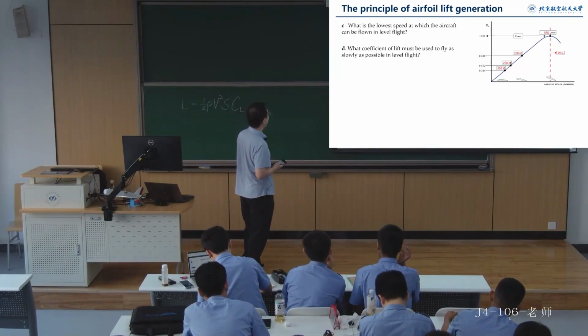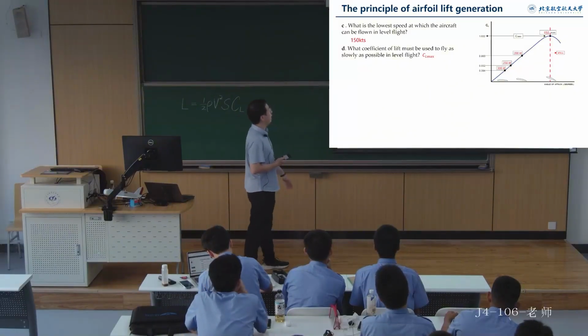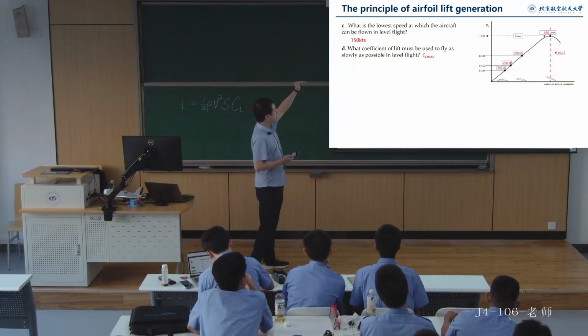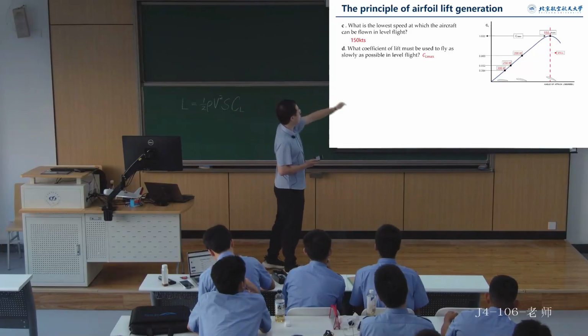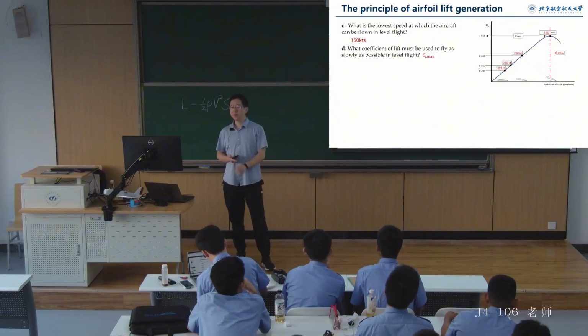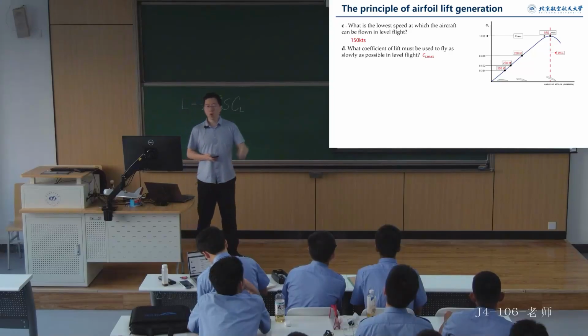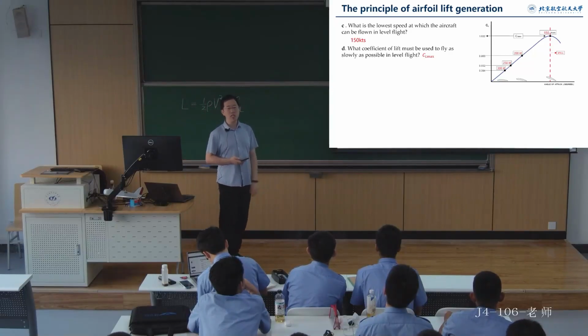Now, for question E, if an aircraft wants to maintain level flight, is there an angle of attack that corresponds to a specific speed and wind speed? Is there a one-to-one relationship between airspeed and angle of attack?